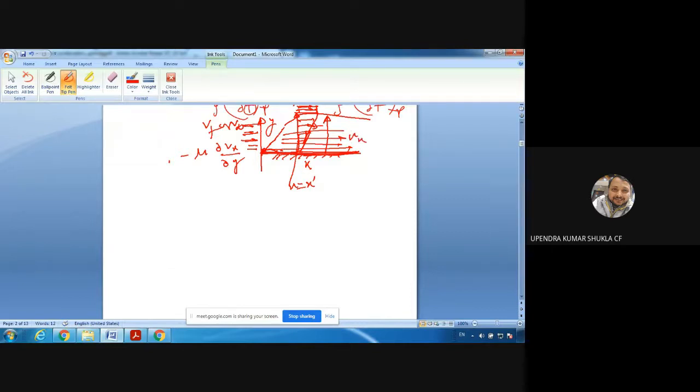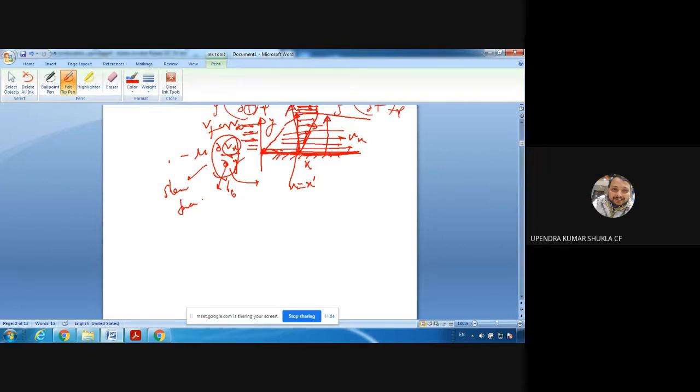Same thing in the y direction, so del Vx over del y. Now del Vx over del y is 0 above the boundary layer because V is the same above the boundary layer. Within the boundary layer it will have some value. Within the boundary layer, you will get the shear force. Above the boundary layer, you will not get the shear force.